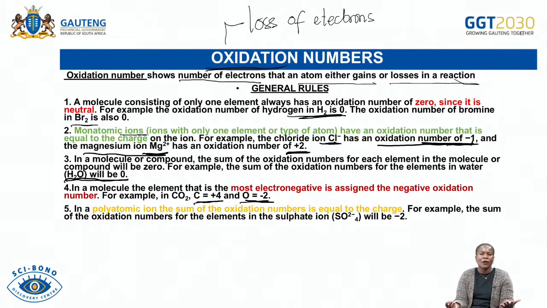Now let's give an example for the polyatomic ion: SO4 2 minus. The oxidation number will be equal to its charge, so because there is a 2 minus, it has an oxidation number of -2.